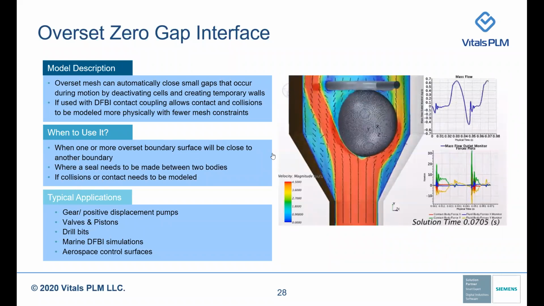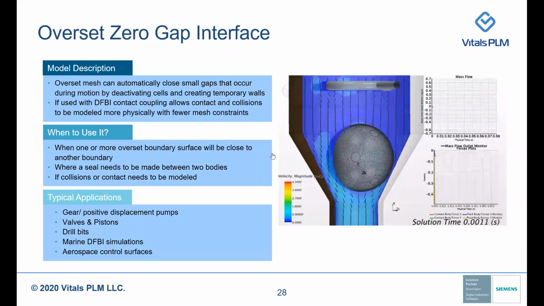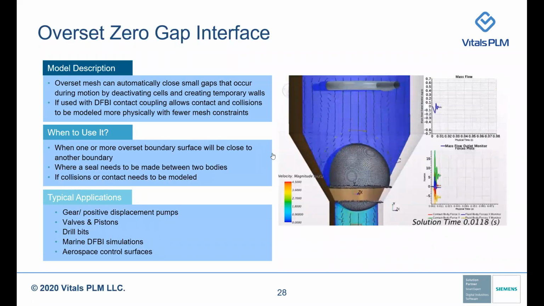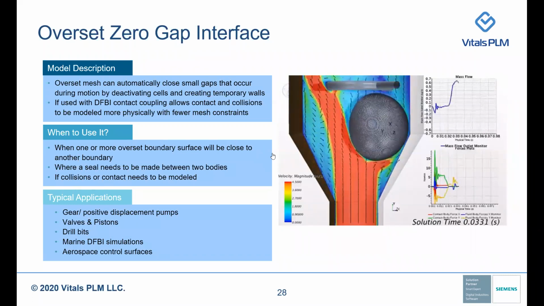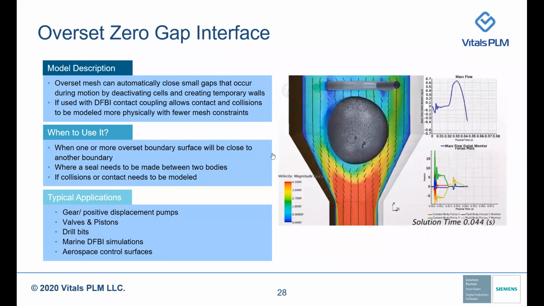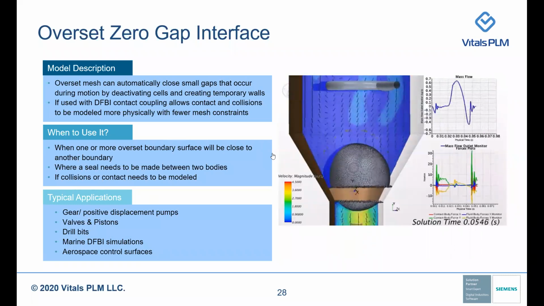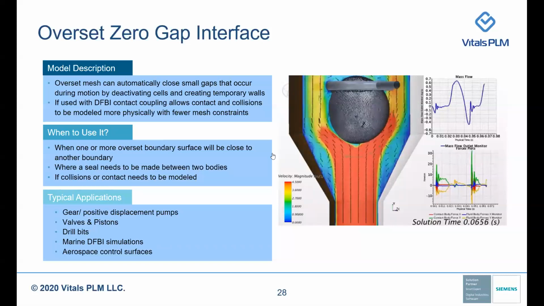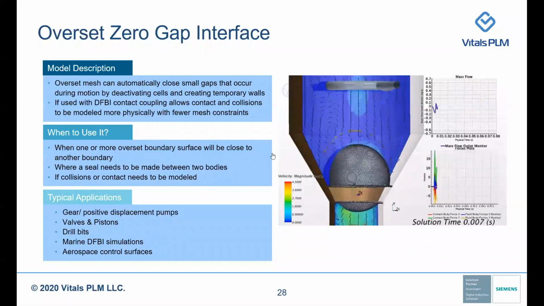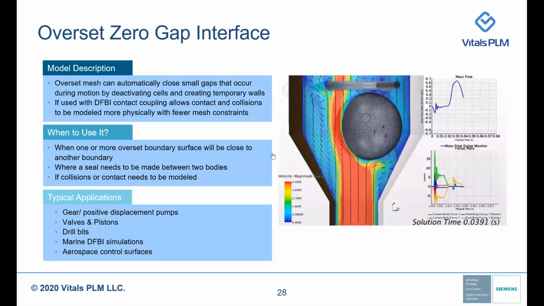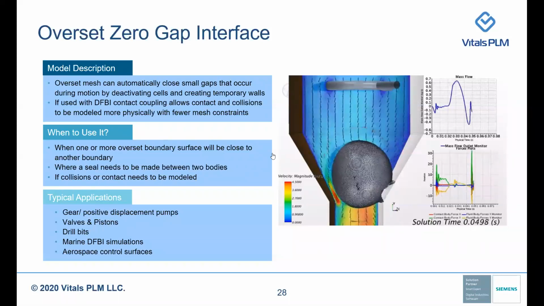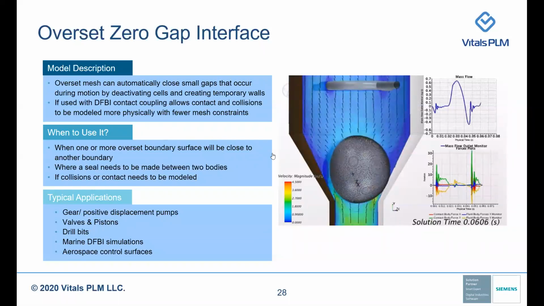To solve these kinds of problems where a zero gap interface is needed, the approach is to have the overset zero gap interface between the overset region and the background region. In this case, the background region is the domain inside this internal equipment, and the sphere is modeled as an overset region embedded inside this background region. The typical uses are when there is a need to seal the flow completely as a result of the zero gap; this interface option is preferred.